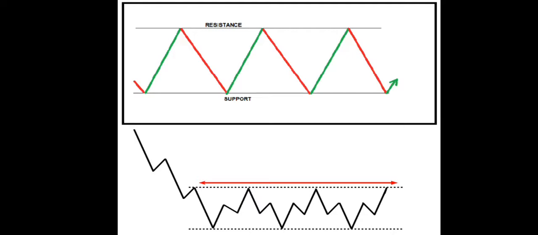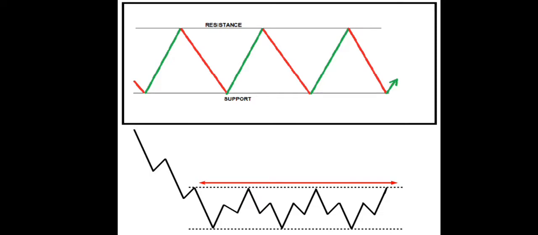If you also look at the one below, you will see the resistance was approached 3 times, 1 2 3. The support too, also 3 times, 1 2 3. Just look at it below and you'll see it. This is a ranging market, folks.